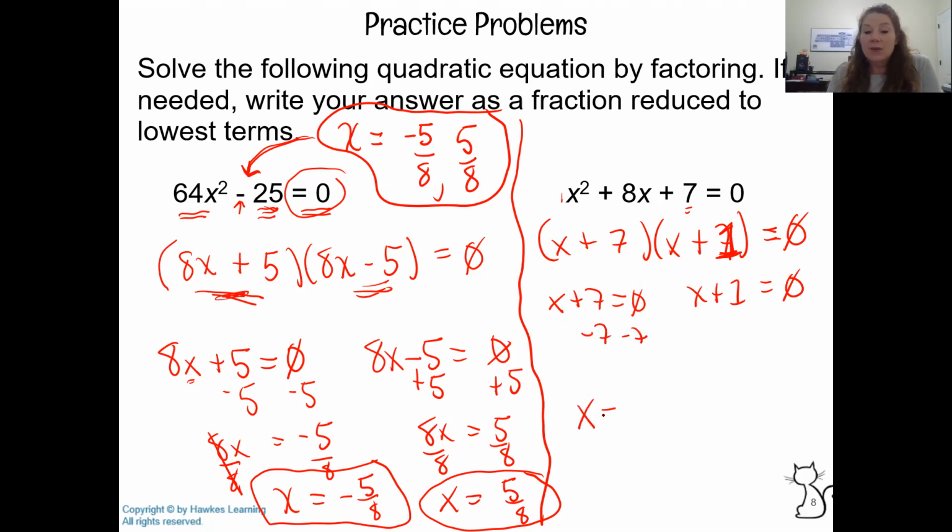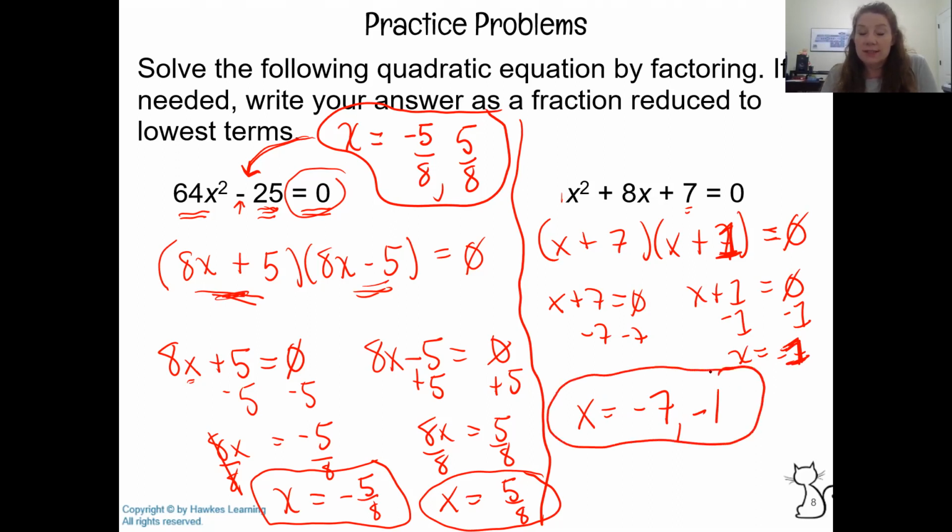So x could equal negative 7, or if I solve the second equation, I find that x could also equal negative 1. So either x could equal negative 7 or negative 1. So those are our two solutions.